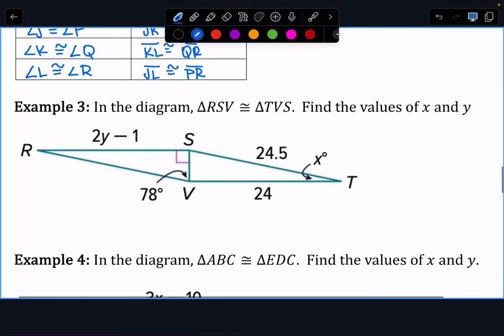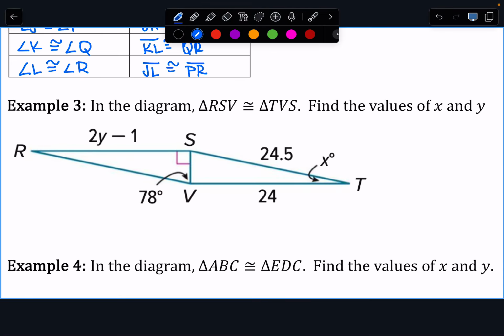Triangle RSV is congruent to triangle TVS. It's an interesting choice of letters. So let's talk about finding x. Let's just talk about triangle RSV for a moment. What would the measure of angle R equal?